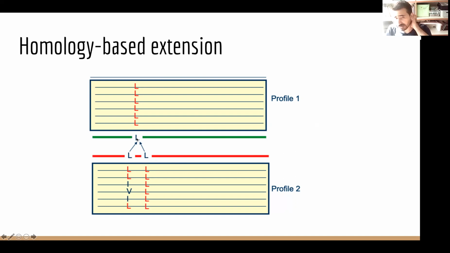If you have profiles that represent this green sequence, for example, this profile is all homologous sequences to green, then this L is conserved.